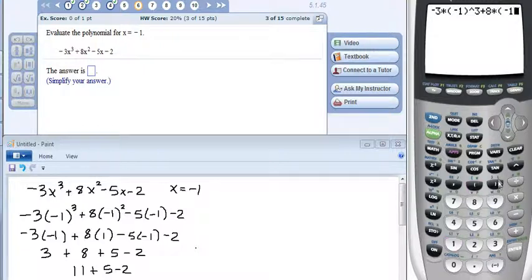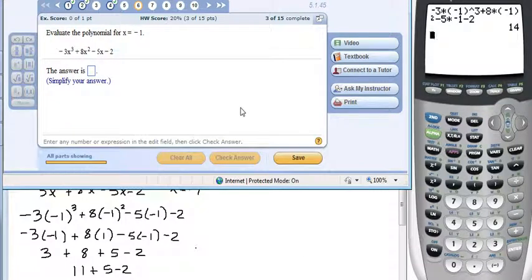I'm going to always contain those negatives in parentheses so it knows to square or cube the whole thing. Minus 5 times -1. This one I don't need to because I'm not raising it to a power. Minus 2. 14. Okay, so either way we have 14. So that's how we evaluate a polynomial at a certain number.